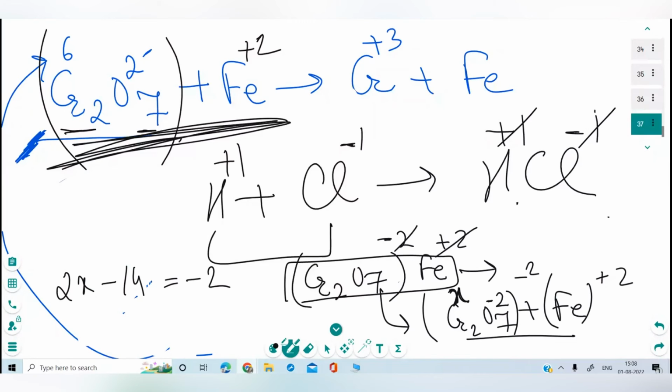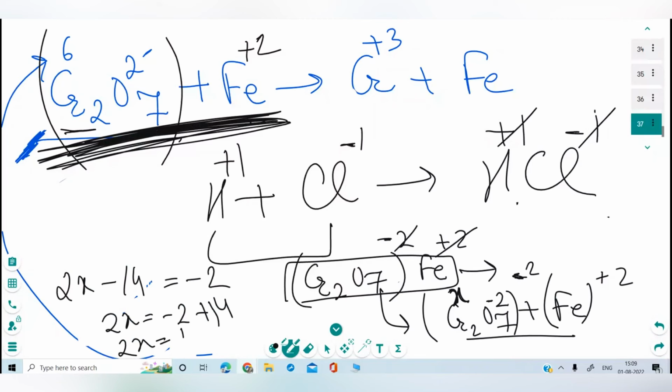Because this is inside the equation, and that's why these two are being equated to -2. So 2x minus 2 plus 14, which will give you 12, which will give you x equal to 6. So that's how I got the charge of chromium as 6.